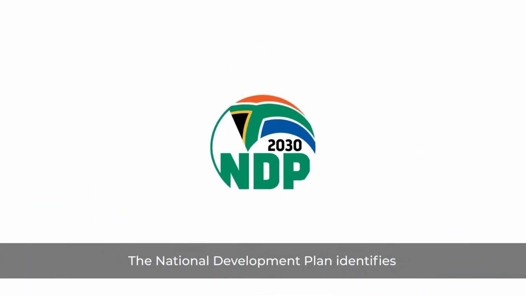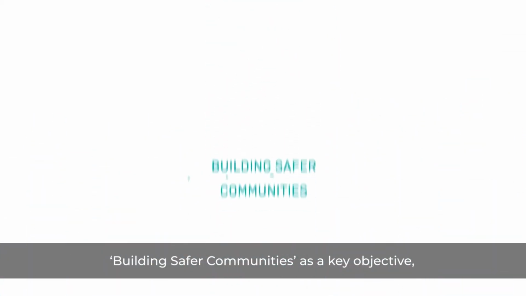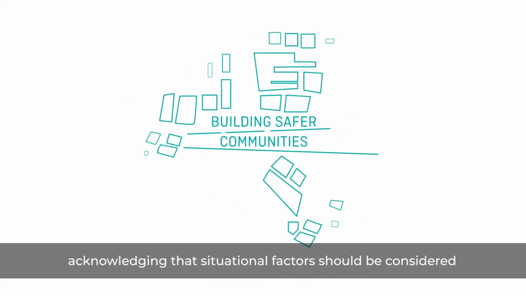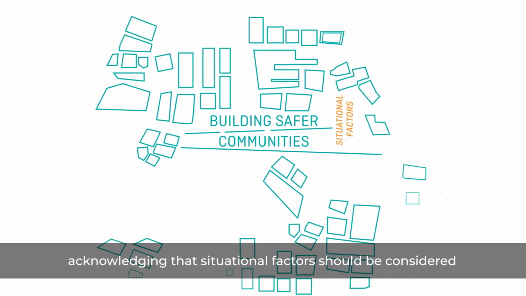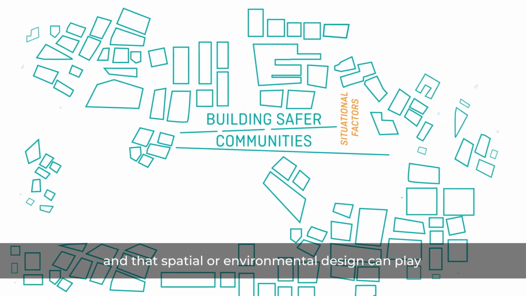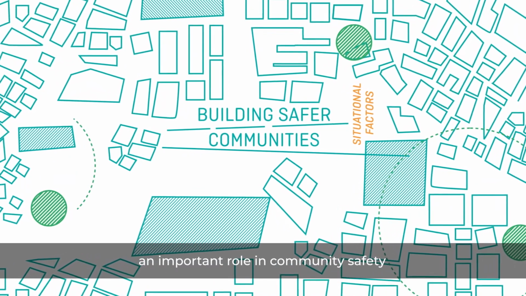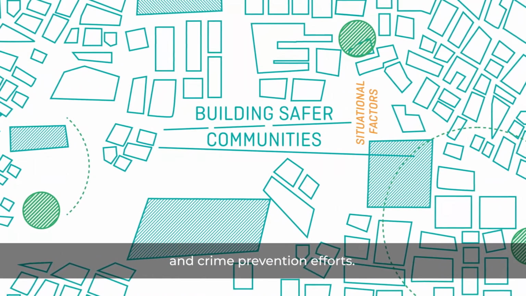The National Development Plan identifies building safer communities as a key objective, acknowledging that situational factors should be considered and that spatial or environmental design can play an important role in community safety and crime prevention efforts.